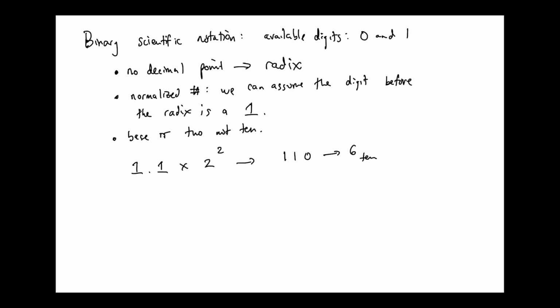It's 6 in base 10, right? Because I got a 1 in the 4's place, a 1 in the 2's place, and nothing in the 1's place, right? Okay. Now, how many of you thought that this would be the number 110? Okay, good. It's not 110 because we're working in binary, not base 10, right?